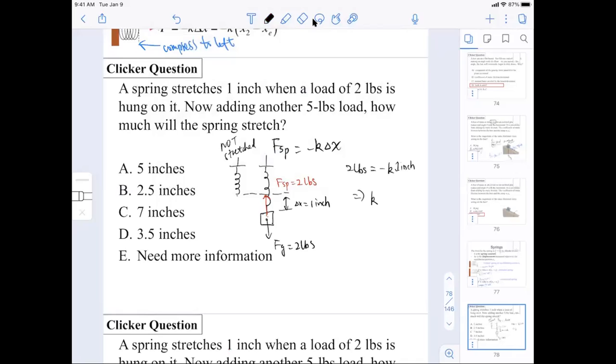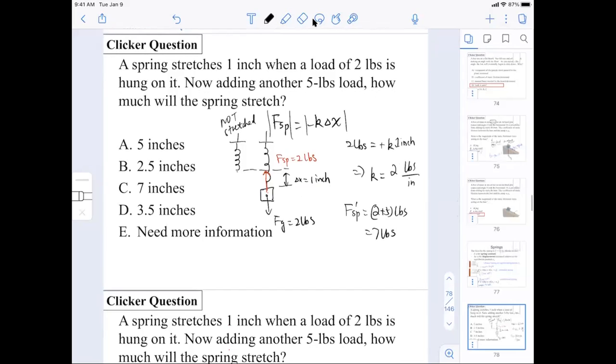If I simply take the absolute value of everything, because I already know the direction is upward, I can calculate my spring constant, which is 2 pounds over an inch. I can simply keep the unit as it is. Then I'm going to use this information to calculate what happens when my spring force is now 2 plus 5, 7 pounds.